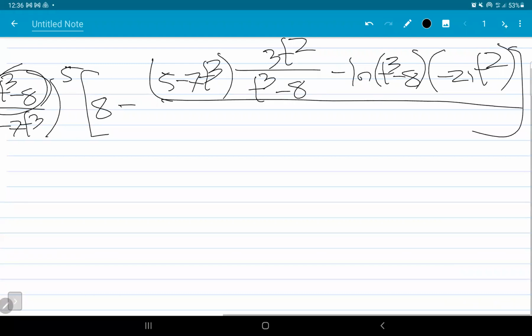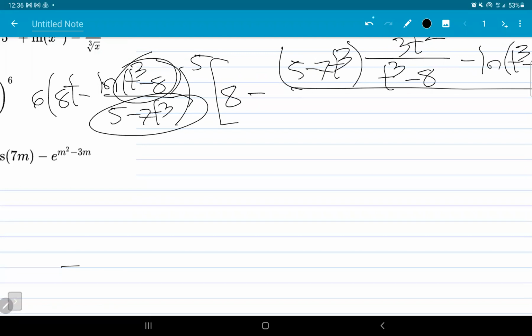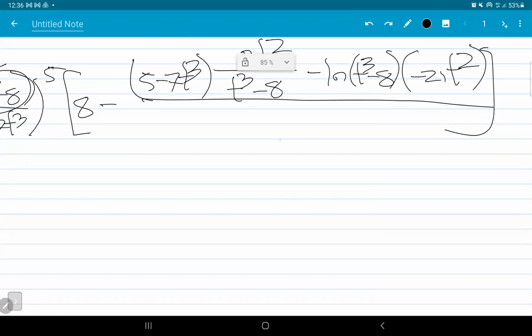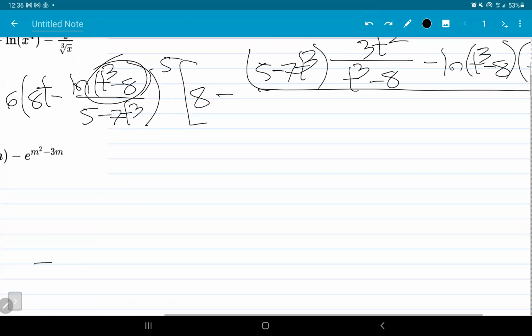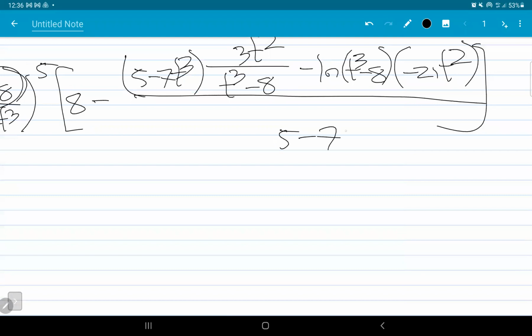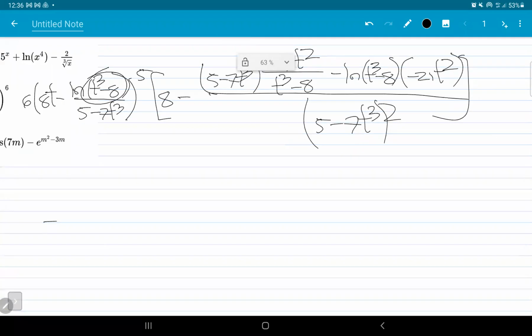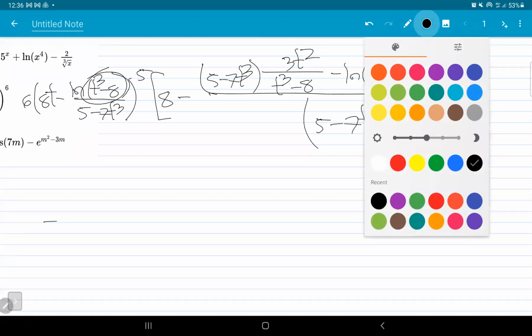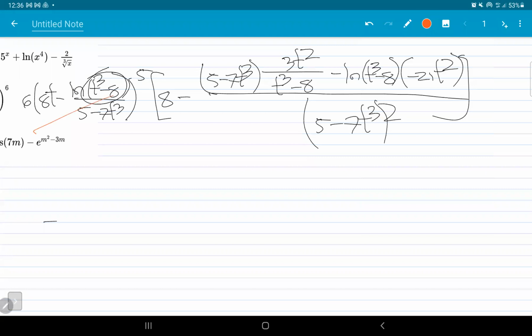Then all over the square of the denominator. Then you get the full credit for each of the important terms there that I have to see. So it's 5.